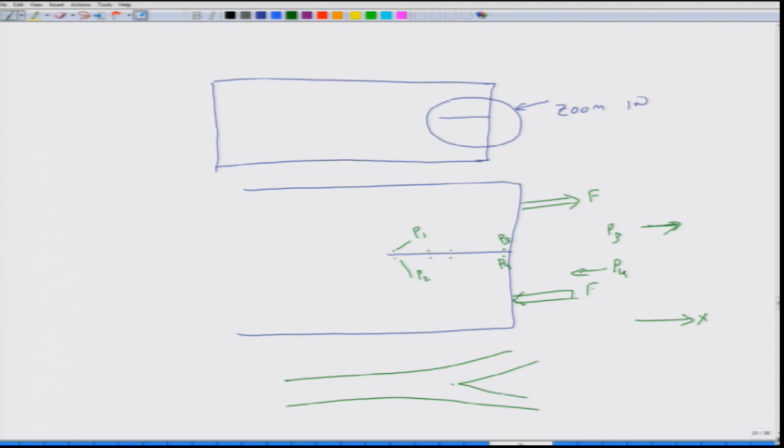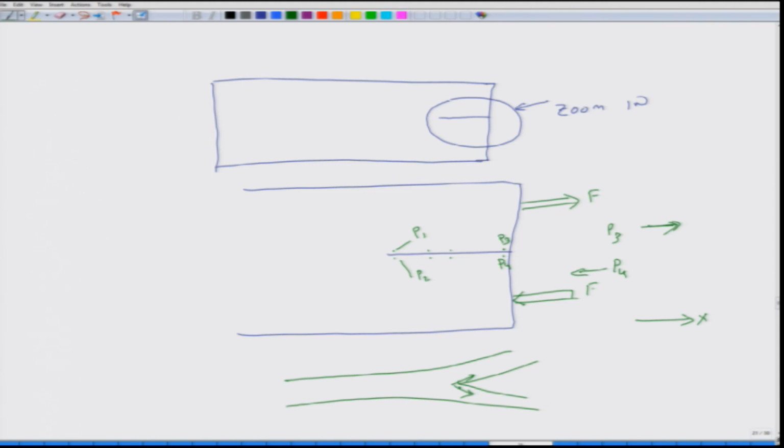A particle which is here, at one point, so there will be a discontinuous jump in velocity across this point of bifurcation.